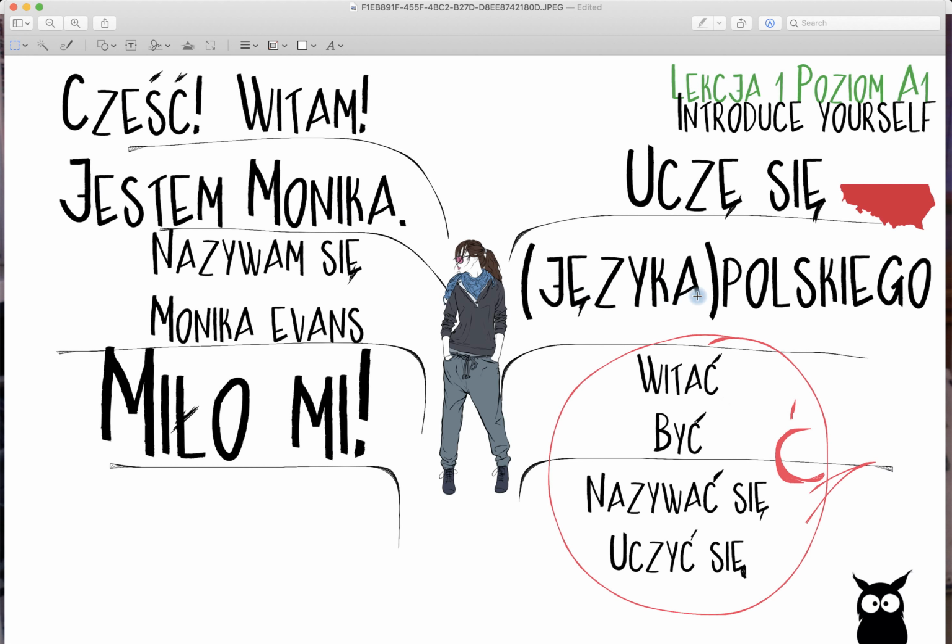The Polish language here is in the genitive case, for those of you who are a little bit more advanced. So języka polskiego, Polish language, but very often we would just say polskiego. We wouldn't use the tongue language bit of it. That's the tongue language, that's Polish, okay? So uczę się polskiego.